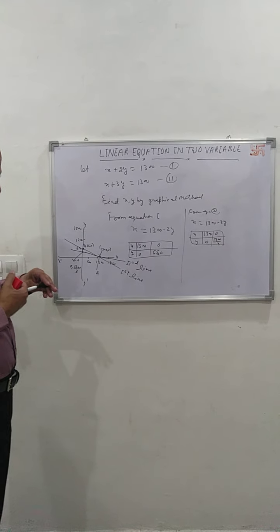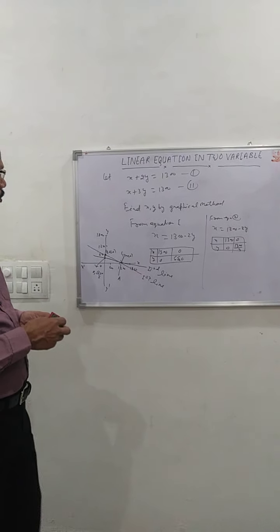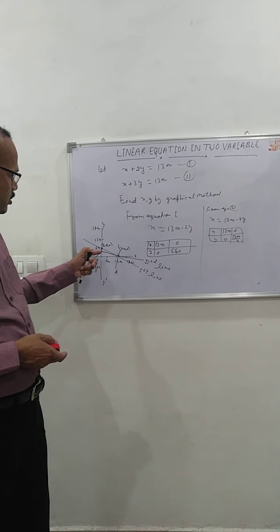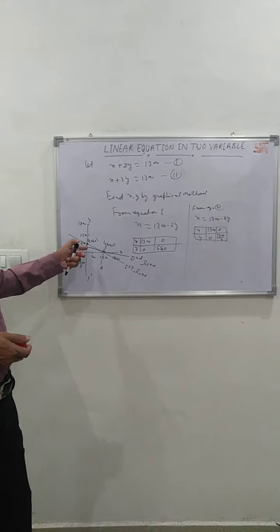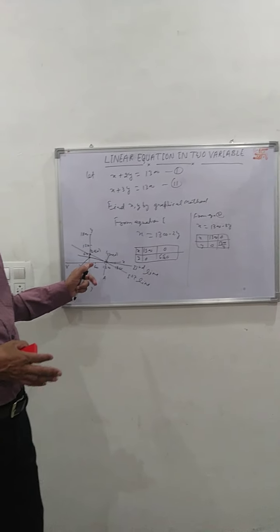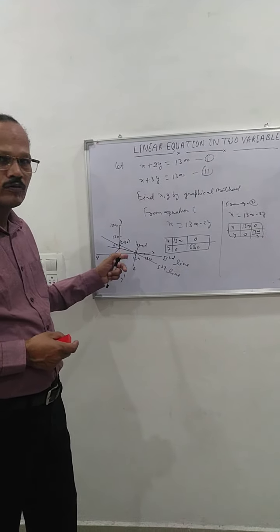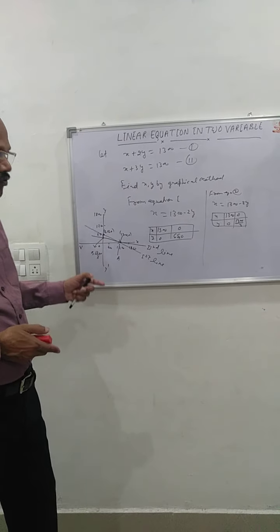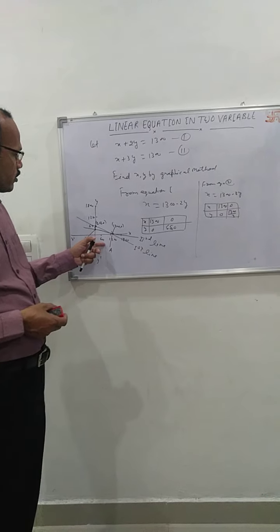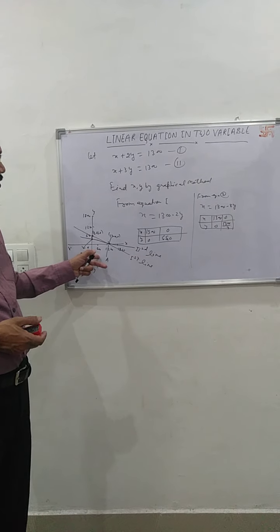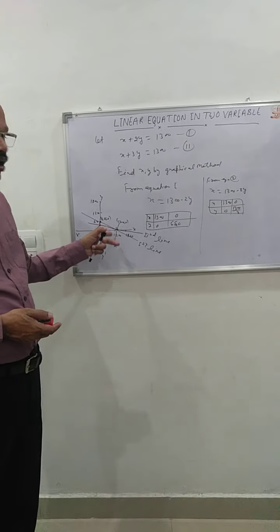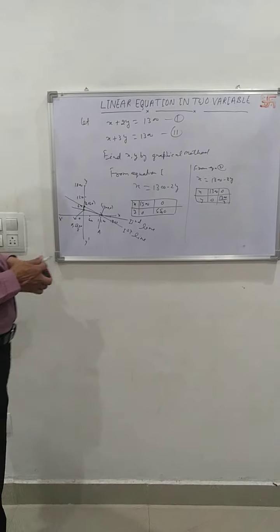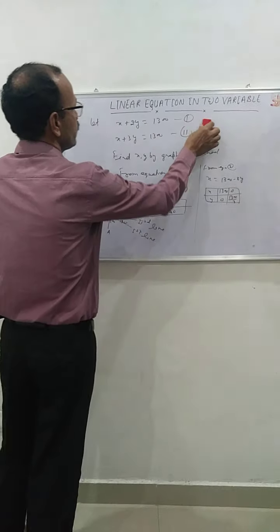For another pair of linear equations, it is not necessary that the two lines intersect each other. It means the two lines may coincide with each other also. Otherwise, the two lines will be parallel to each other. So on the basis of these three possibilities, on the graphical method we can find the solution of a linear pair in three ways.